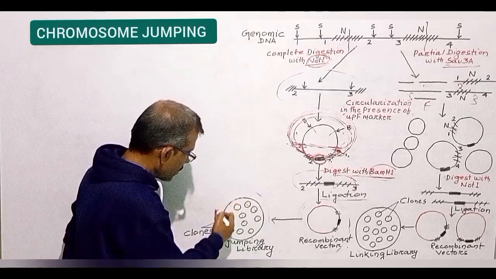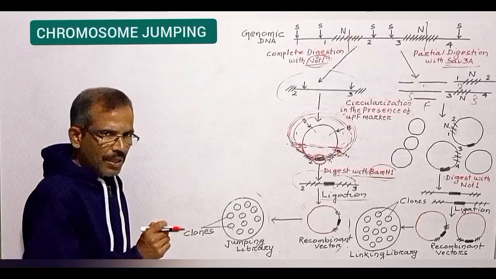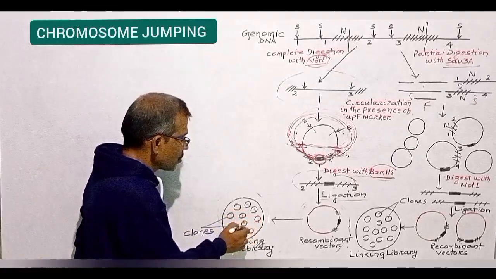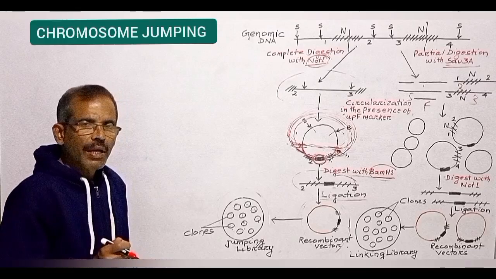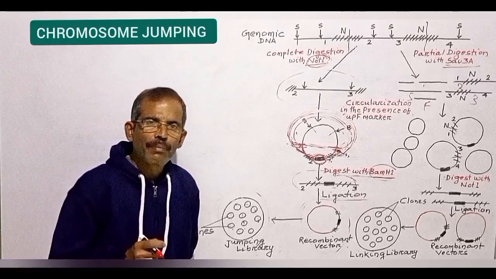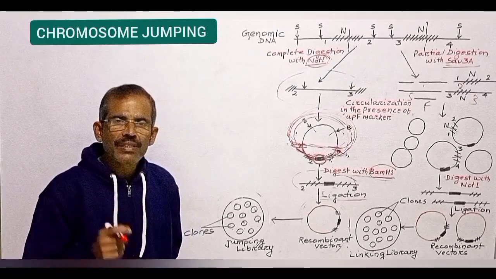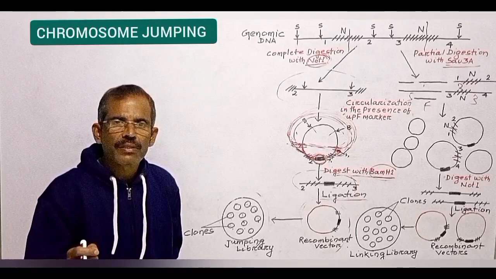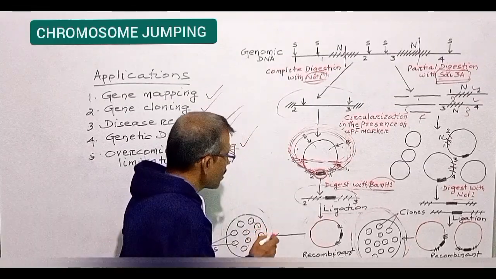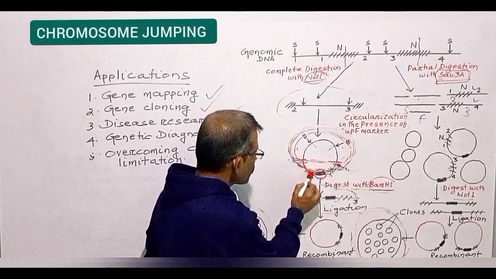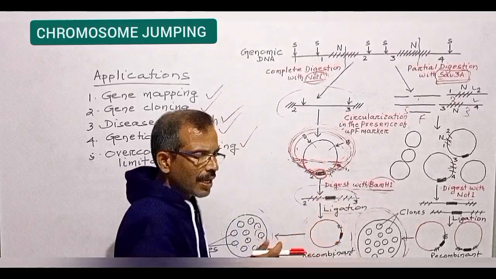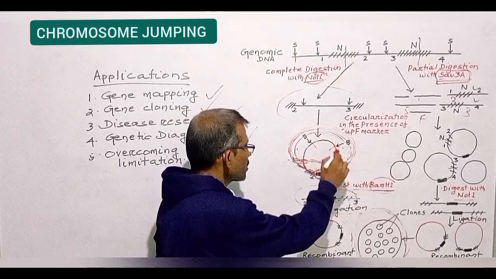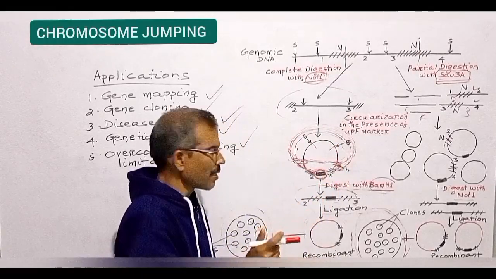The result is a jumping library which consists of a number of bacterial clones. Each clone contains a different DNA fragment which represents a specific jump across a large genomic distance. Each jumping library clone consists of two stretches of DNA which are usually located many kilobases away from each other.